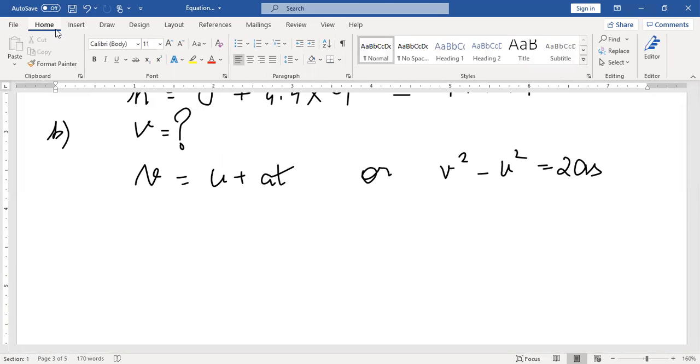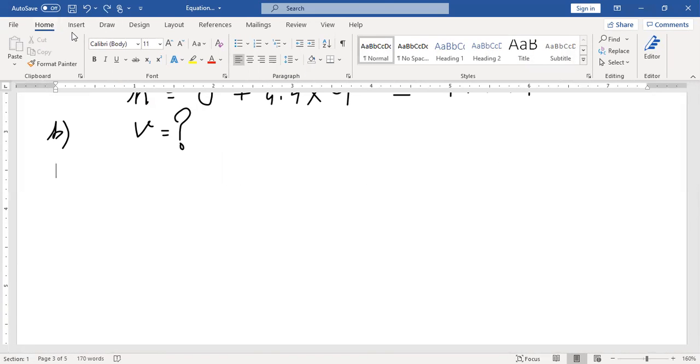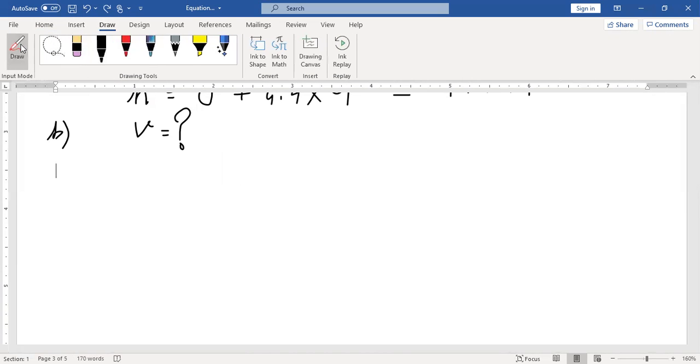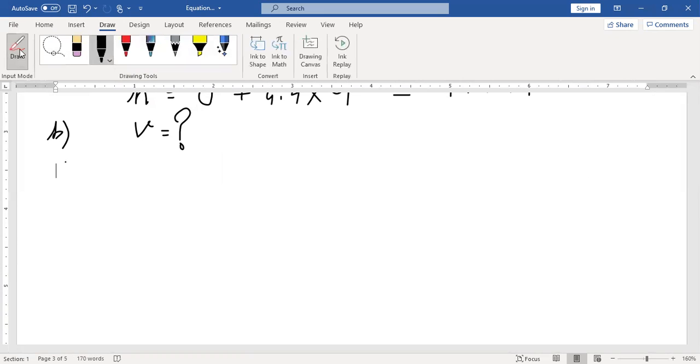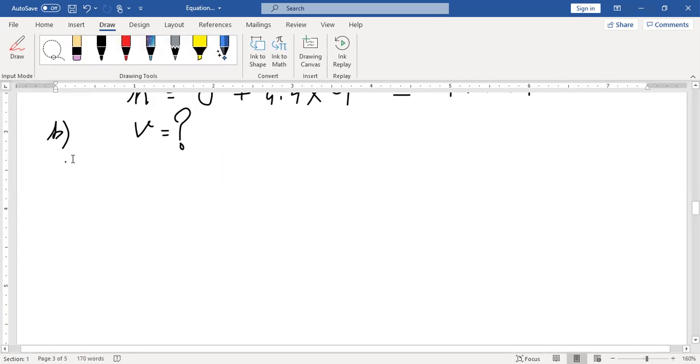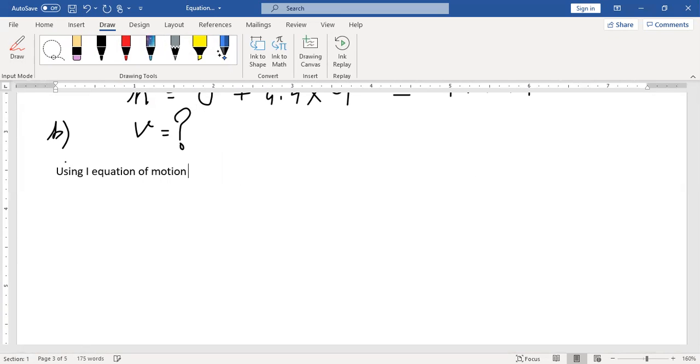So you write down here that using first equation of motion, that is v equal to u plus a multiplied by t.